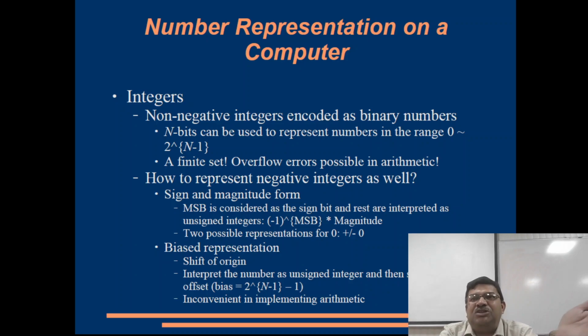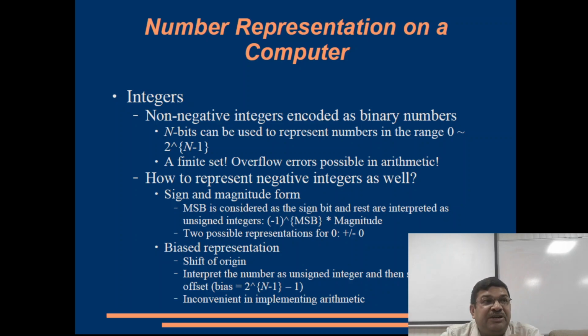That's only when you will get approximately equal range of positive and negative integers. If the total number of possibilities is 2 raised to the power n, one half of that is 2 raised to the power n minus 1. And then one is subtracted from that, because we count 0 with the positive integers. So this is conceptually very nice, but it is inconvenient in implementing arithmetic.